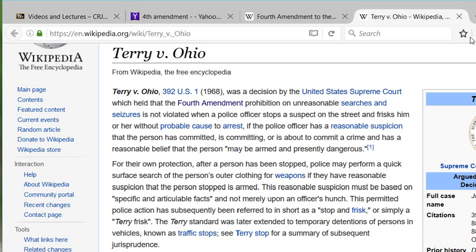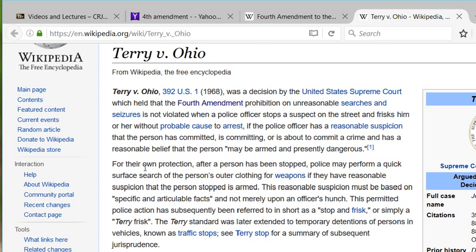This is where we get the Terry frisk or the Terry stop. Basically, it gave police officers the right, with a reasonable suspicion that someone has committed, is committing, or is about to commit a crime, to stop a person and pat them down just to see if they have any dangerous weapons on them or fruits of the crime.